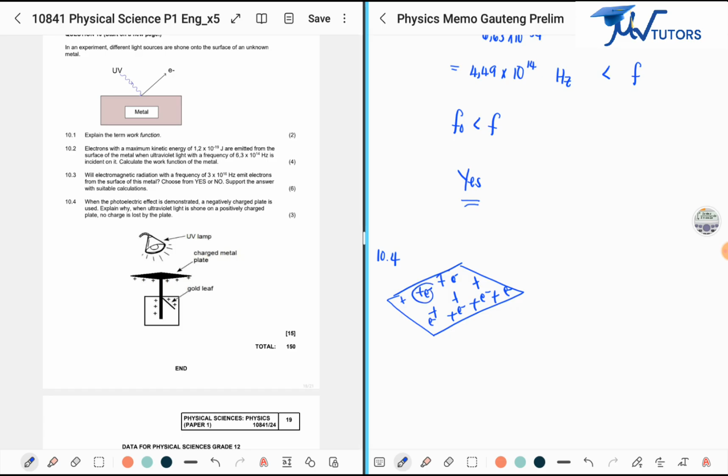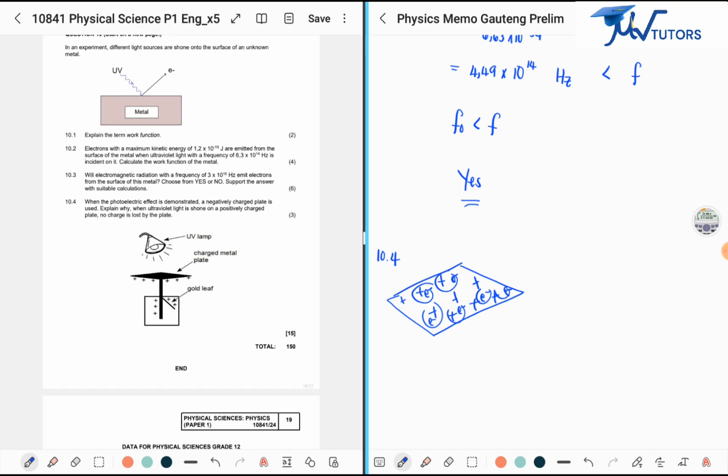No, they will be attracted to this positively charged plate. And that is why, ultimately, I'm not going to write this down, I'm realizing I'm talking a lot. Ultimately, there will not be any charge that is lost by the plate, because these electrons will be attracted to the positively charged plate.